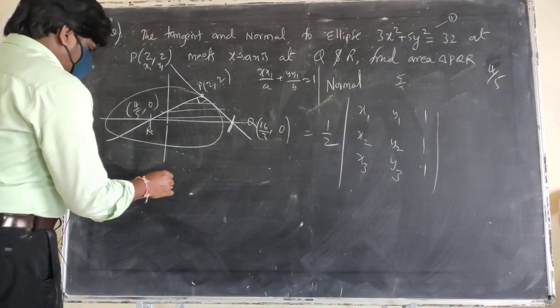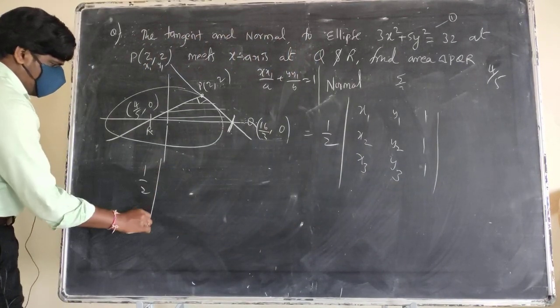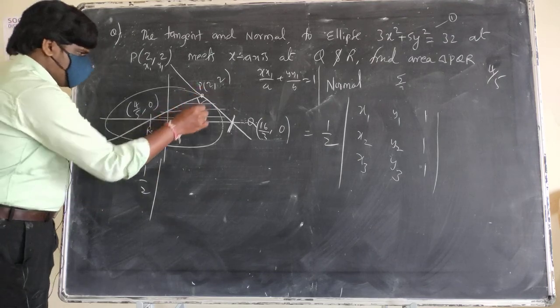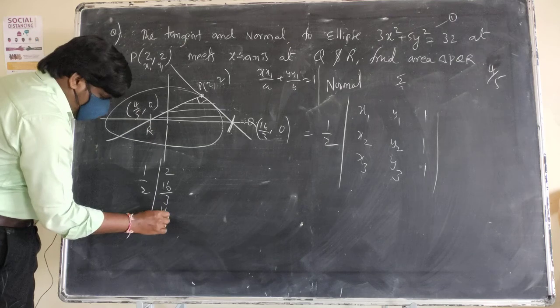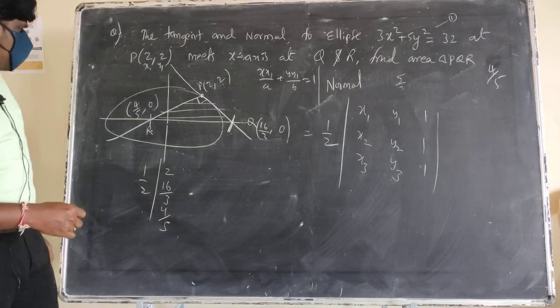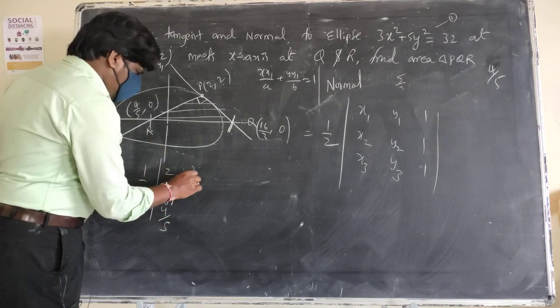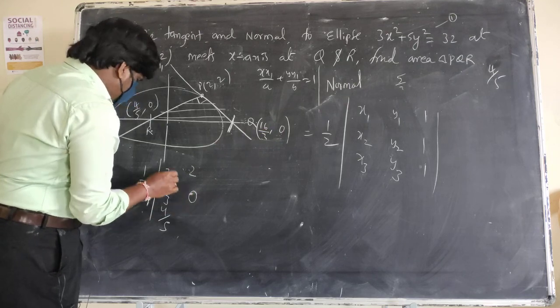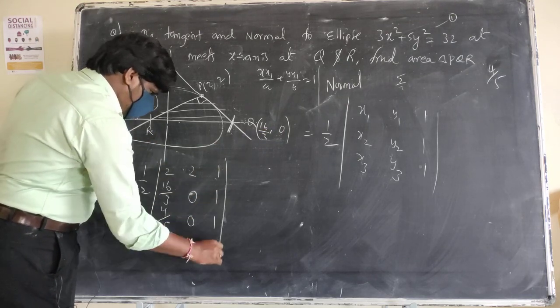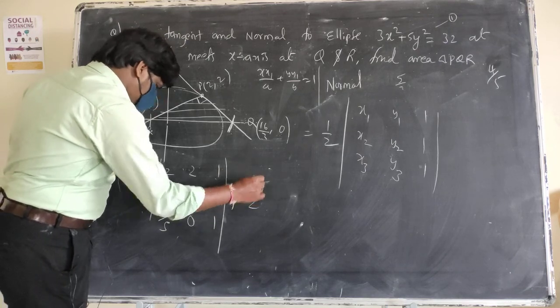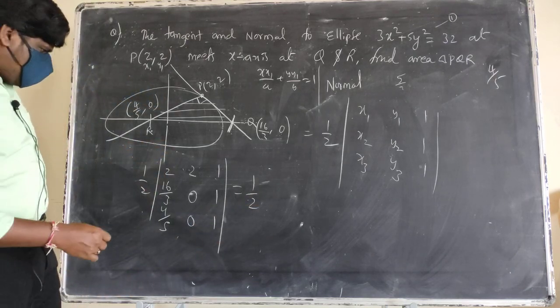Okay, so half into, what is x1 here? 2, 16 by 3, and here 4 by 5. What is y1 here? 2, here it is 0, here it is 0, and 1, 1, 1. So 1 by 2, find the determinant, open it.